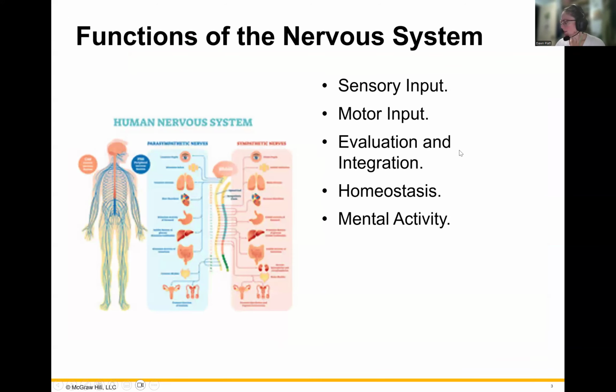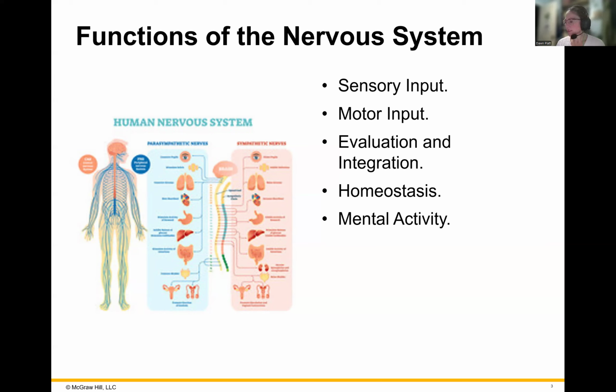All right, taking a look at page 263 in your textbook. We have our nervous system. As you can see on here, this picture's not the greatest, but there's two different systems. We have the central nervous system and the peripheral nervous system. And in the peripheral nervous system, we've got two components, but I'll get into that.